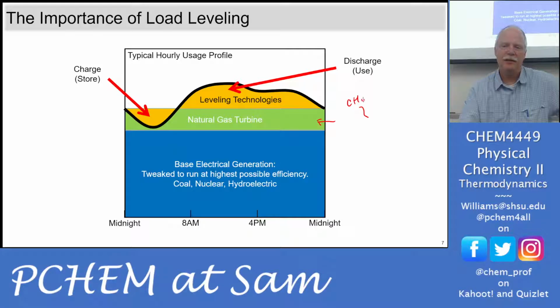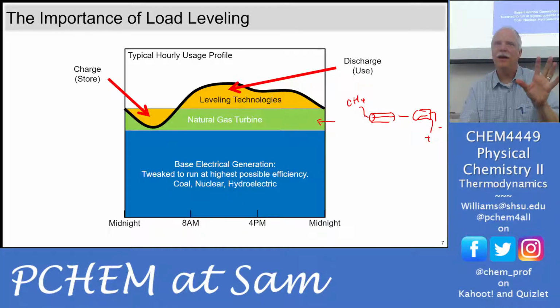It's just a jet engine that runs on methane and spins a generator. And so you can start an airplane engine, you can turn it off a lot faster than you can start a coal-fired power plant or a nuclear power plant or a hydroelectric. And so we can turn that off when it's midnight and people aren't using a lot of electricity, and then we can turn it on when people go to work and all of the buildings are full and the ACs are running full speed.